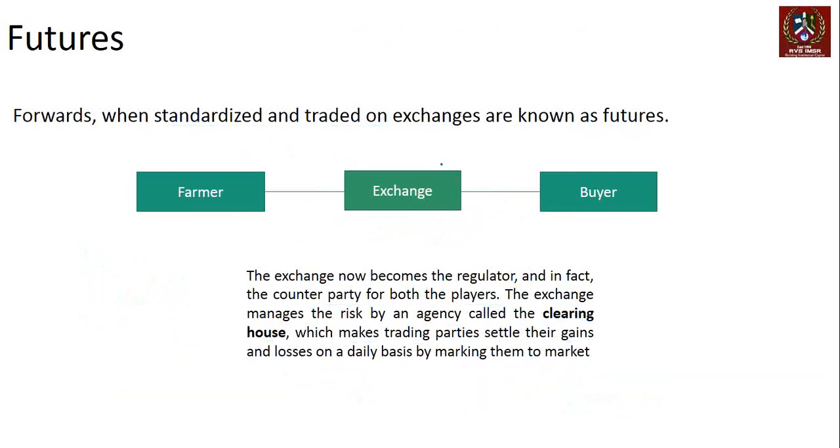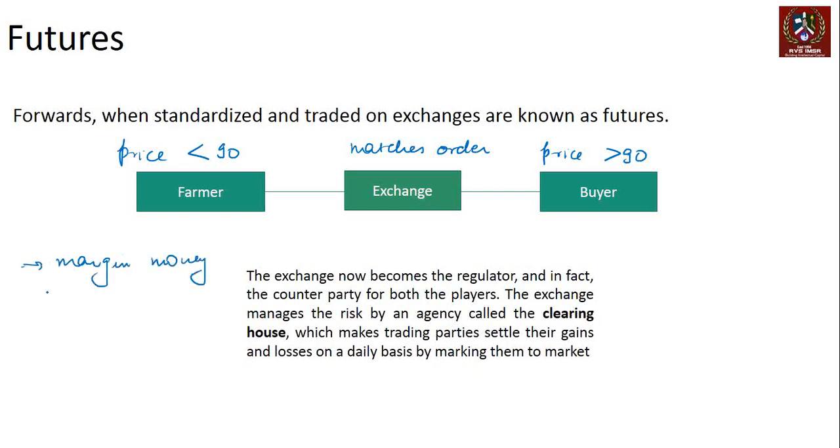Let's understand it once again. So let's say the farmer says price will go below 90. The buyer says price will go above 90. They are going and looking at the exchange as to what the contract is. The exchange matches the order, and once the order is matched, at this point of time, the exchange asks for margin money.